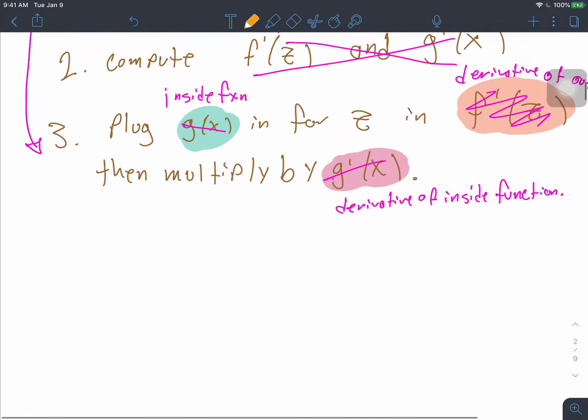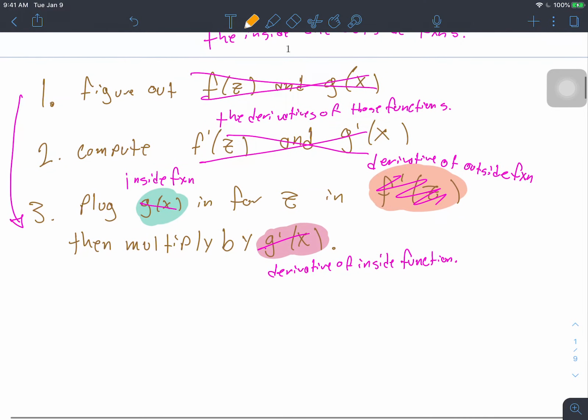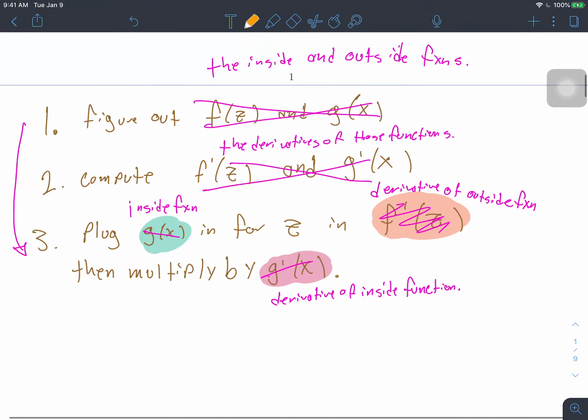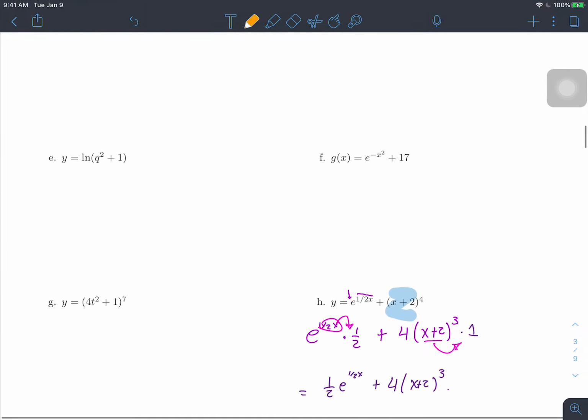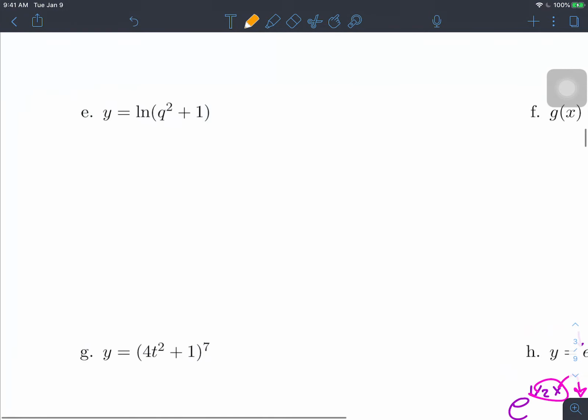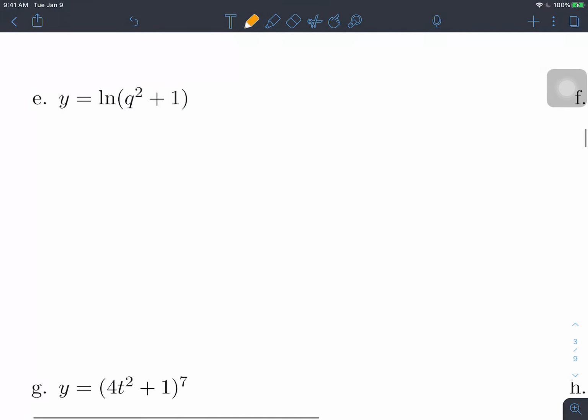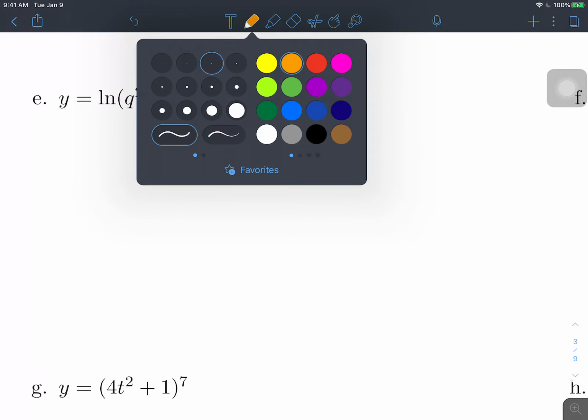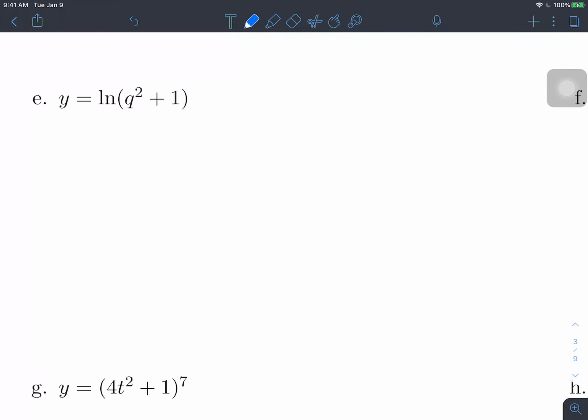To remind you, those steps were, first, to figure out what is the inside and the outside function. And then it was to figure out the derivatives of those functions. And then it was to kind of plug everything in to the formula using all of that information. Okay, that was what we did. So let's start with ln of q squared plus 1 by identifying what is the inside and the outside function.